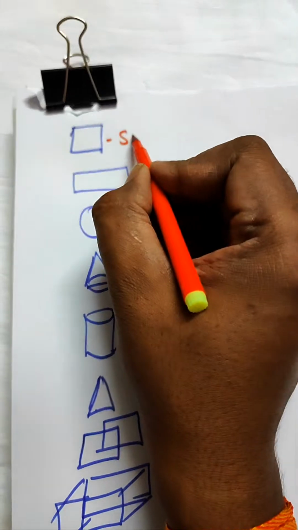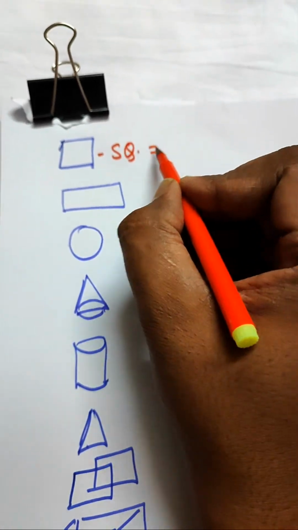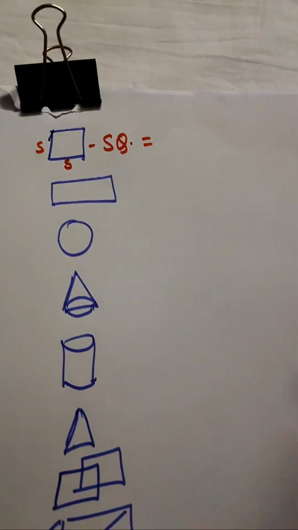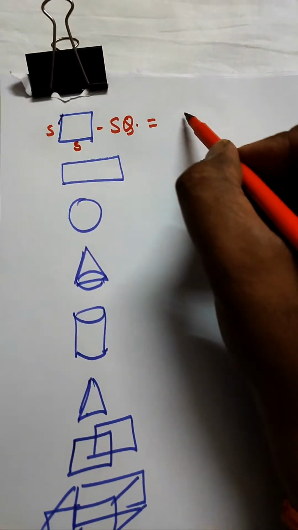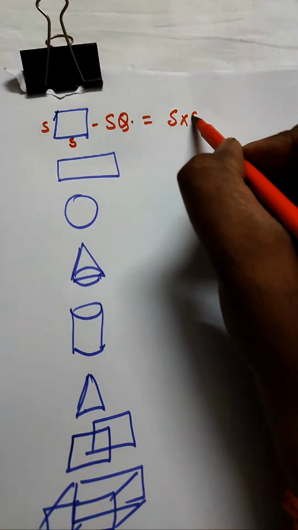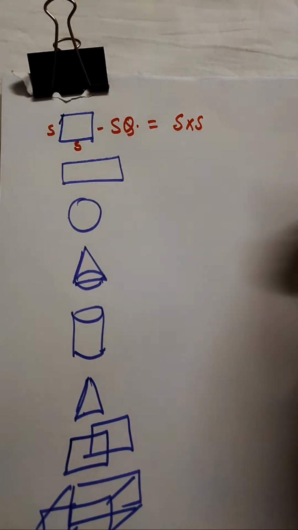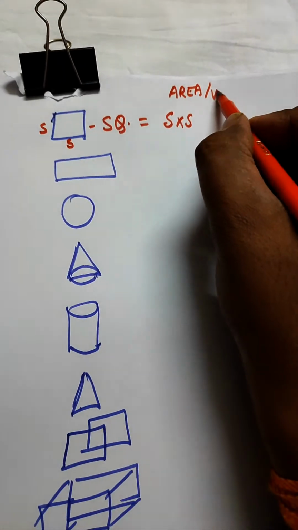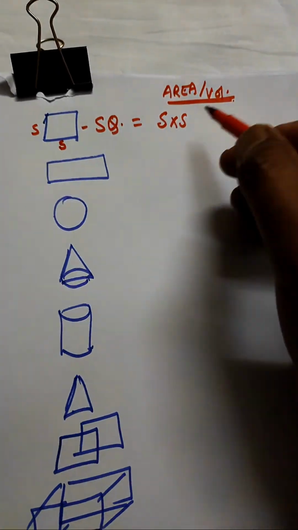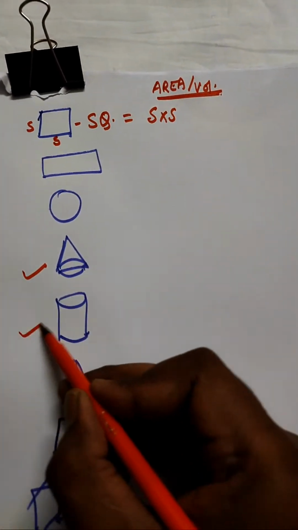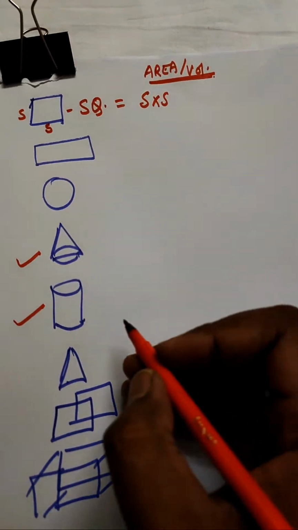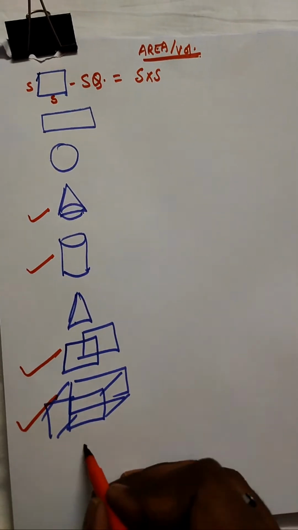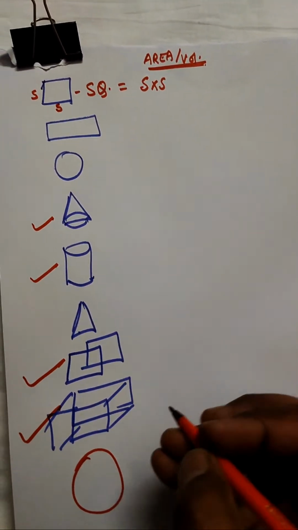If this is a square with side S, all the sides of a square are always equal, and the area of the square is side into side, right? This is the area. And we can also write the volume for a three-dimensional object like a cone, a cylinder, the sphere, the cube, the cuboid, right?